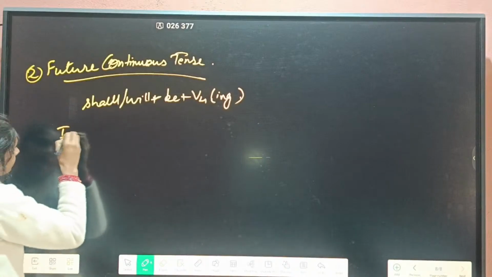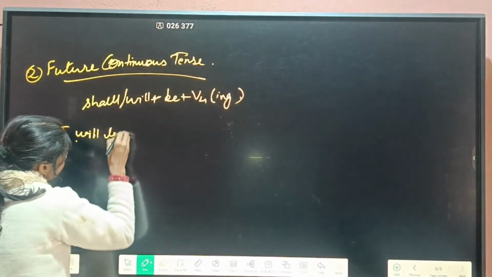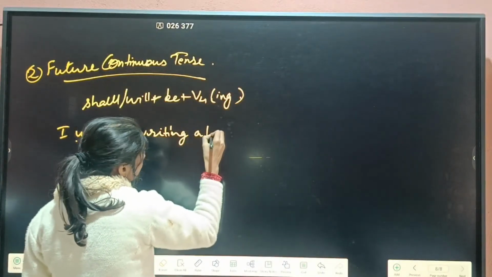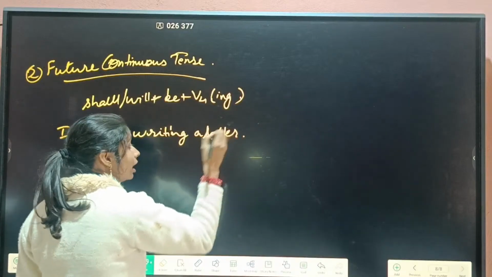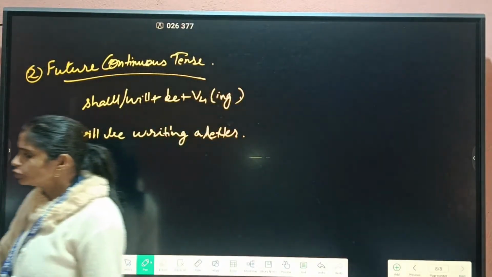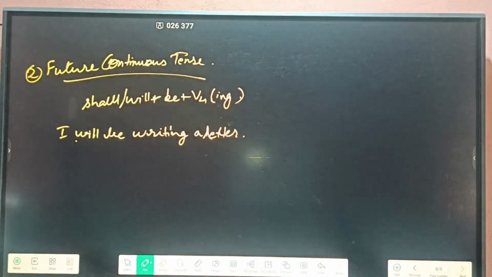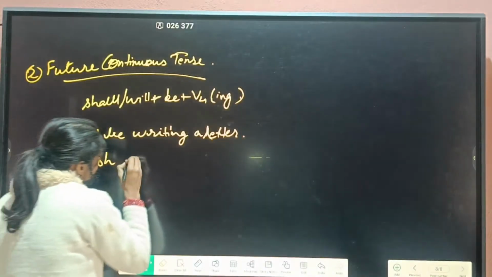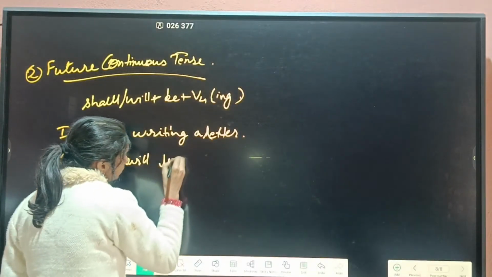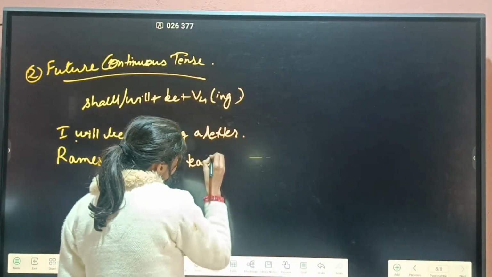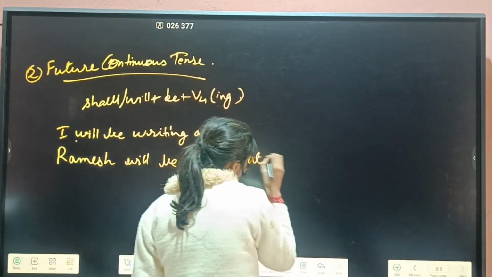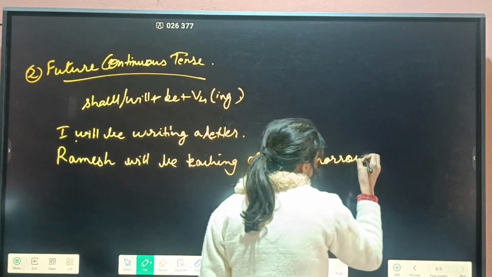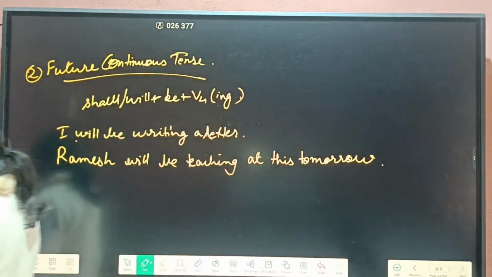Here I am saying that I will be writing a letter. Yes, I'm thinking, I will be writing a letter. Or we can say that Ramesh will be teaching at this time tomorrow. You are just having an imagination. Ramesh will be teaching at this time tomorrow. These are examples of future continuous tense.